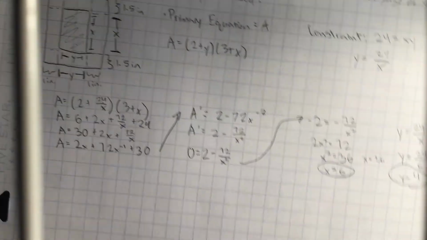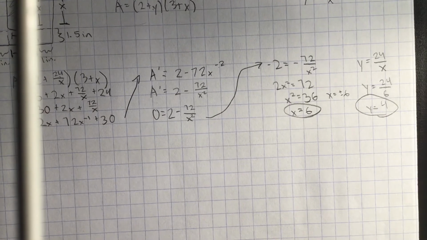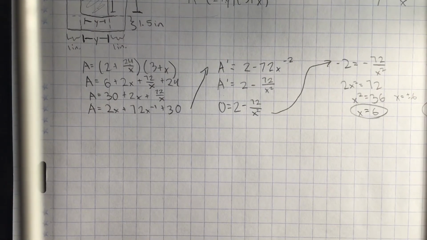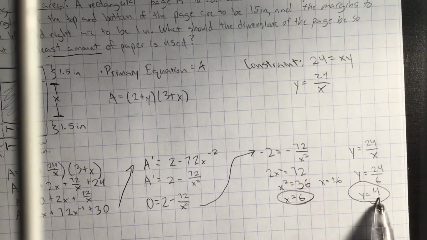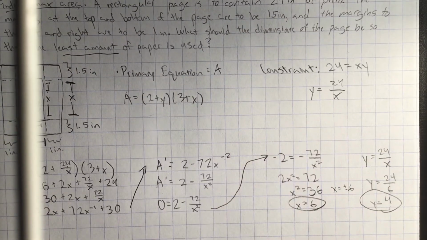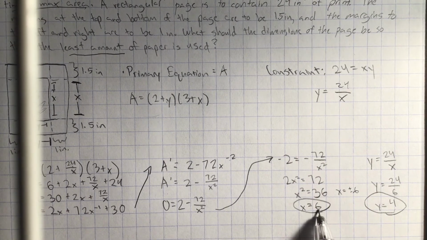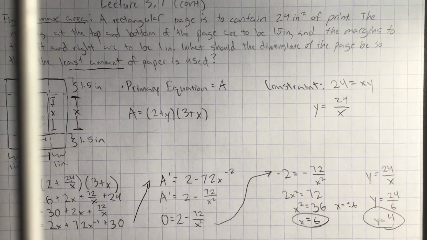Now, what does this mean? Well, for our conclusion statement, it means that dimensions of this page should be 9 inches by 6 inches, because when we plug back into this formula, we bring the y, which is 4, which is 2 plus 4 equals 6, and 3 plus x, which is 6, so 3 plus 6 equals 9.